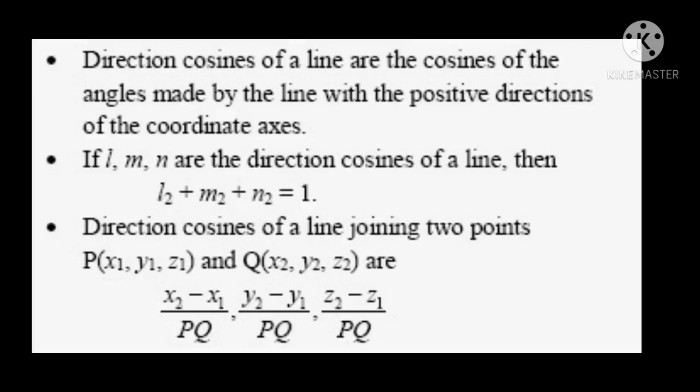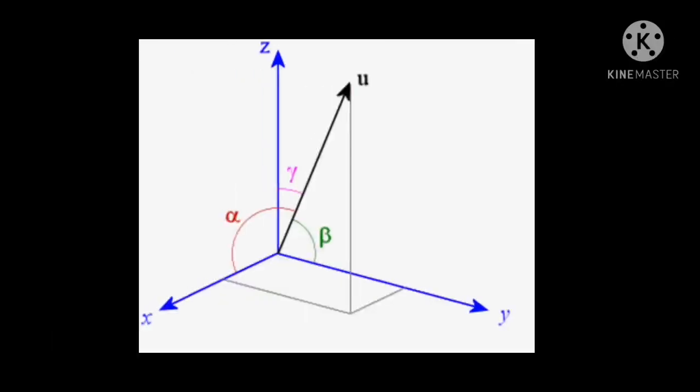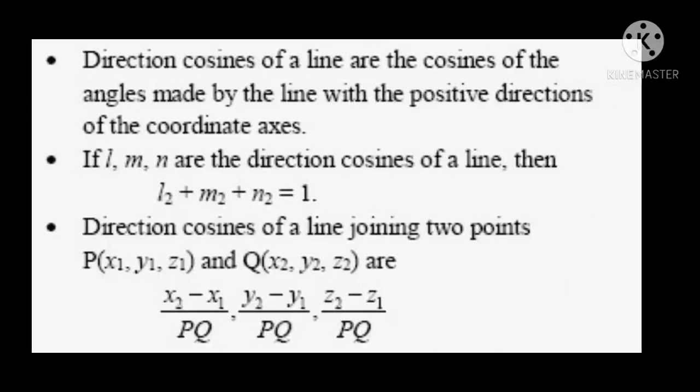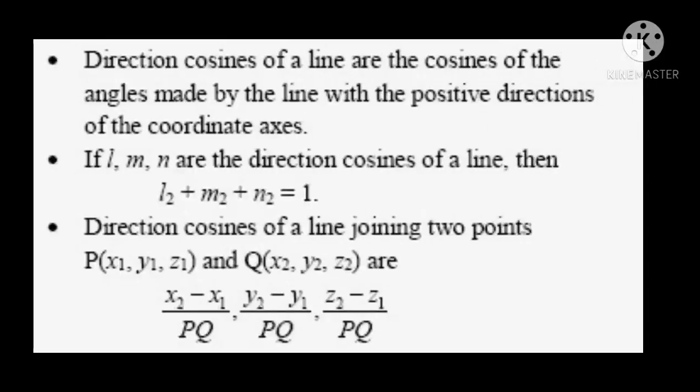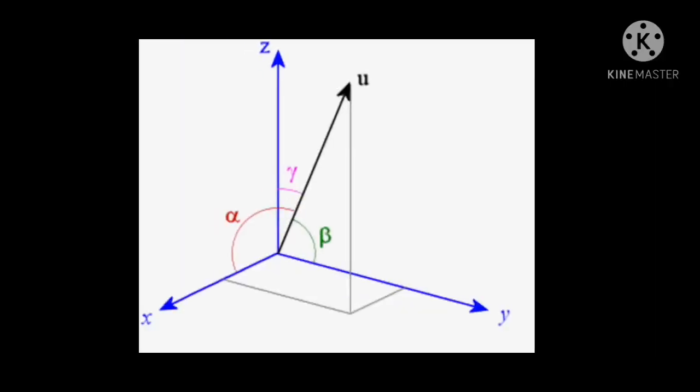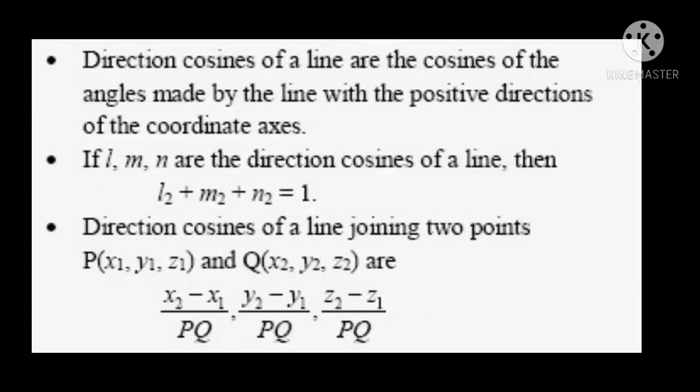The first one is with the x-axis, so as we can see here we are getting the cos alpha term, then we are getting the y-axis, that is the cos beta term, then the z-axis, so we are getting the cos gamma term. Like this we can find the direction cosines for a line segment for which we have 2 points.